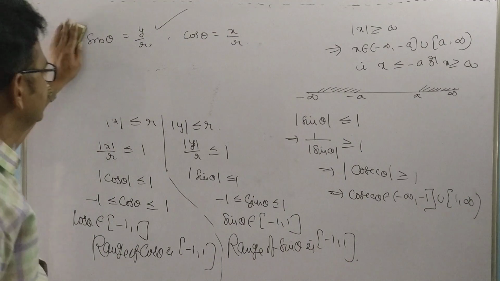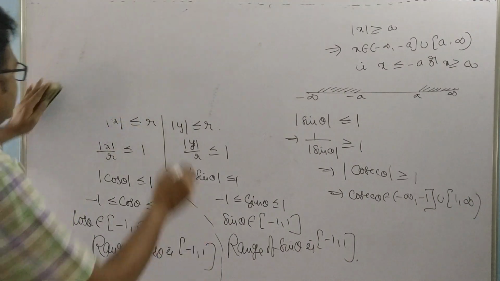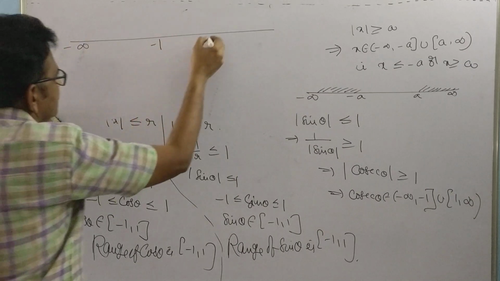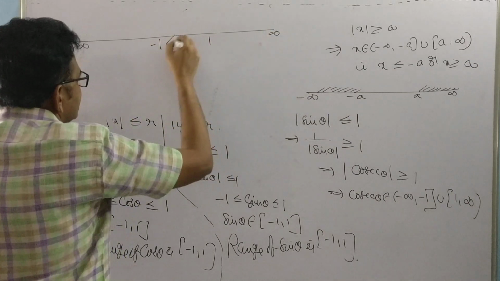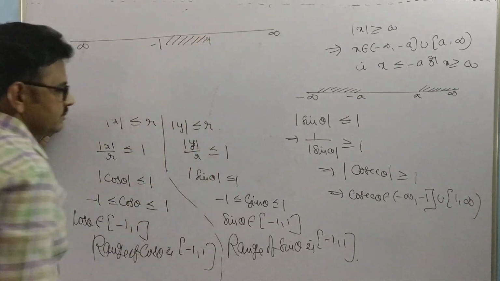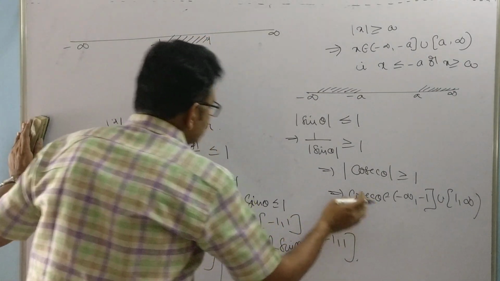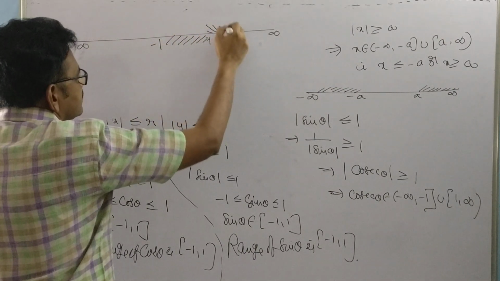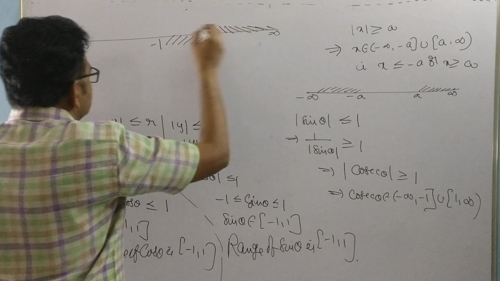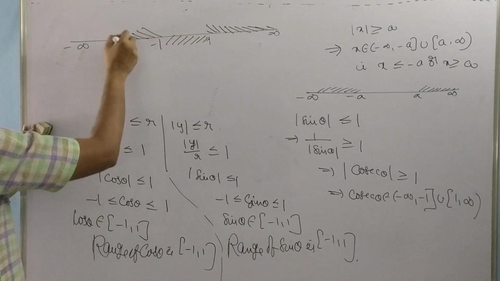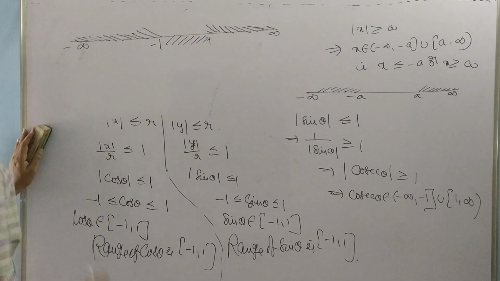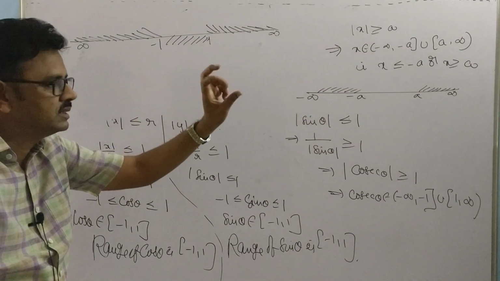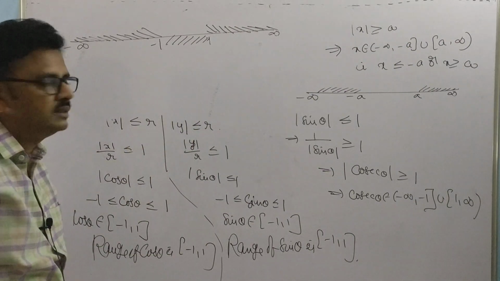That means here minus infinity to minus 1, and 1 to infinity. The sine function range is minus 1 to 1, and the cosecant theta range is except these two. So sine and cosecant are reciprocals.